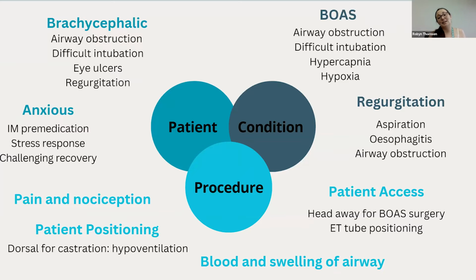These guys also tend to have very sad, quite bulging eyes, so they are quite high risk for eye ulcers developing under anaesthesia. So I'm going to make sure I have lots of lubrication present and, depending on the type you have, that they're lubricated quite frequently through the procedure.